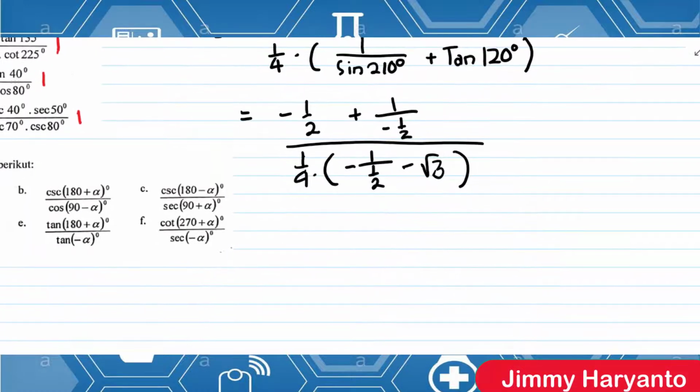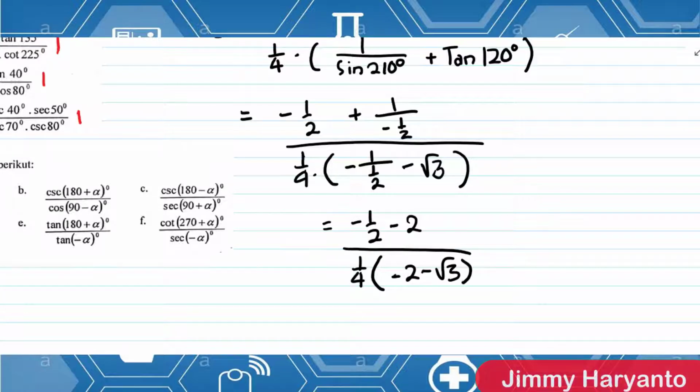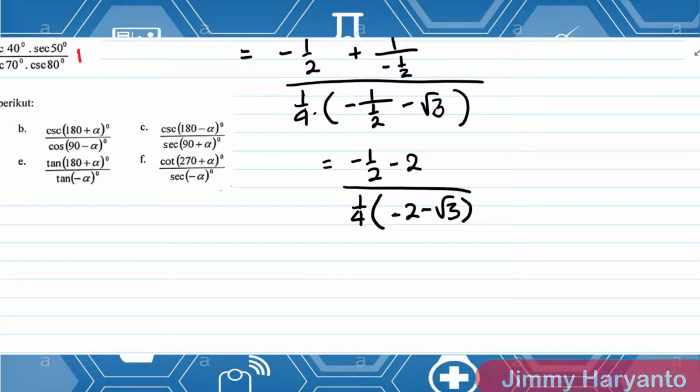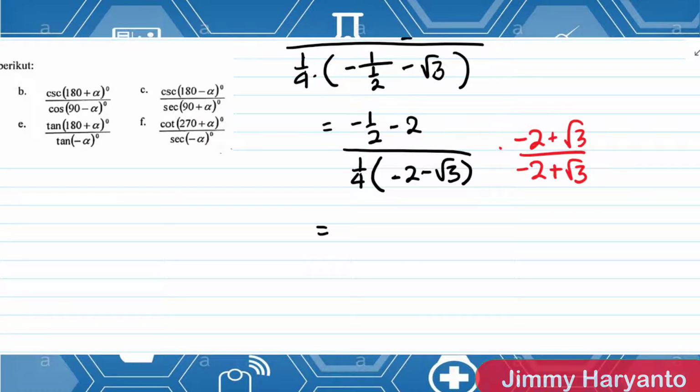Okay, simplify it. It will be negative half minus 2 over 1 over 4 in the bracket, negative 2 minus square root of 3. After that I will have to rationalize over negative 2 plus square root of 3, and then for the top one, negative 2, negative half, it will be negative 5 over 2, right?